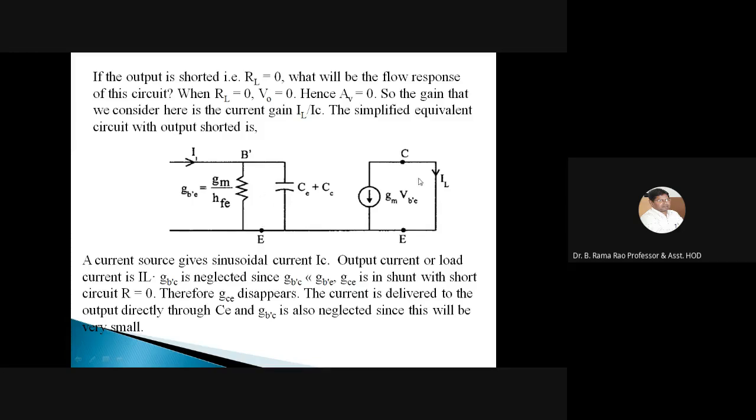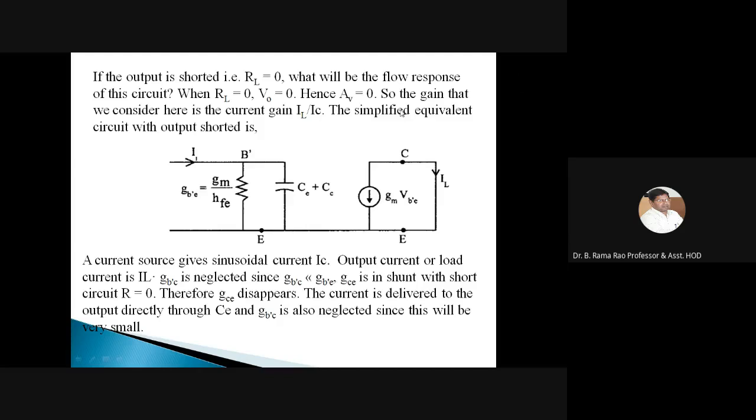When the value of RL is equal to 0, there is no output, because there is no load resistance. So V0 is equal to 0, and the voltage gain AV is equal to 0, because AV is the ratio of output voltage to input voltage. If the output voltage is 0, the voltage gain is 0.